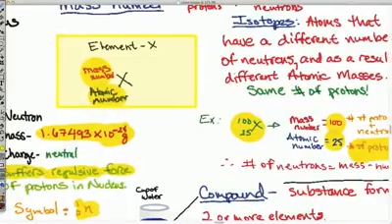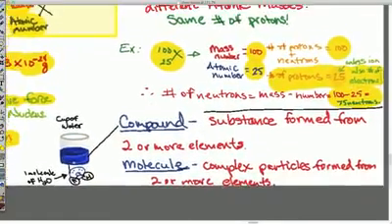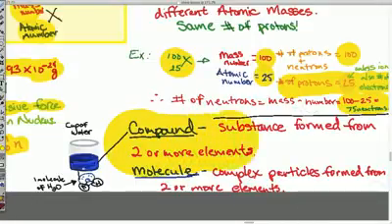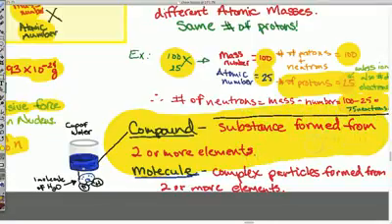Here, one more distinction I forgot in part one of the chemistry videos is the difference between a compound and a molecule. Whenever you have substances that are formed by two or more elements, those are called compounds. So this glass of water has compound water inside the glass.